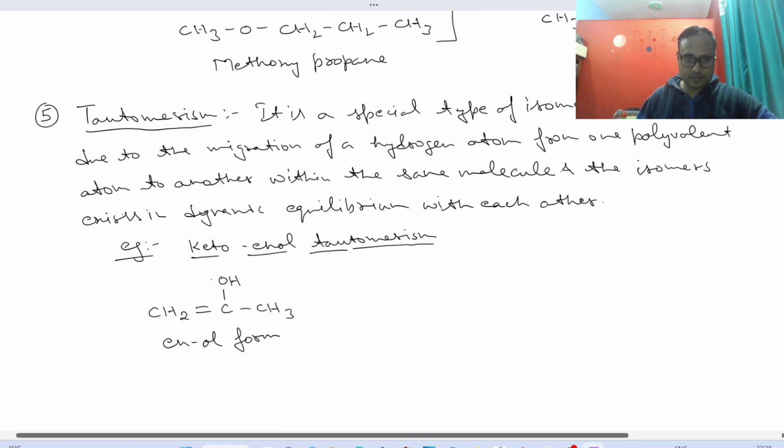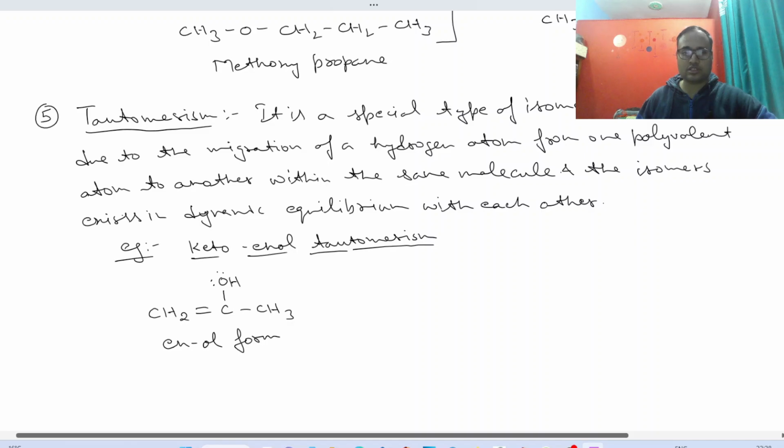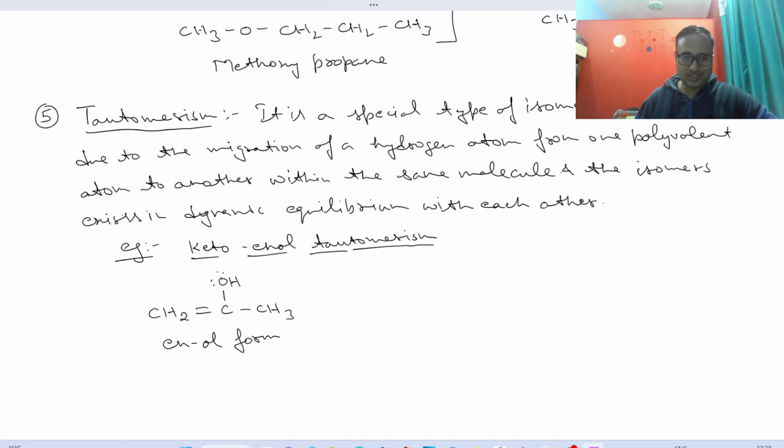Now we have the two lone pairs on the oxygen atom. The carbon oxygen multiple bond is much stronger as compared to the carbon carbon multiple bond. So the electron migrates over here to form a bond between this oxygen and the carbon, and the multiple bond between these carbon atoms breaks and the electron gets shifted to this carbon atom.